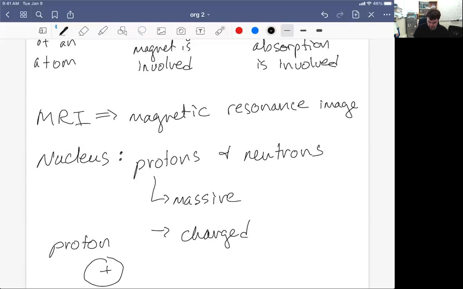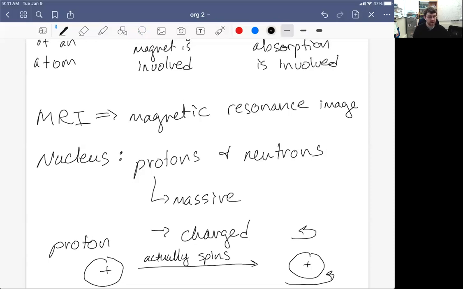And so this particle actually is spinning. I don't really know how to draw that. Maybe I'll put a plus and then have some curly arrows. So this thing's kind of spinning around. Now, that's an important feature. Not only is the proton positively charged, not only is it massive, but it's also spinning.